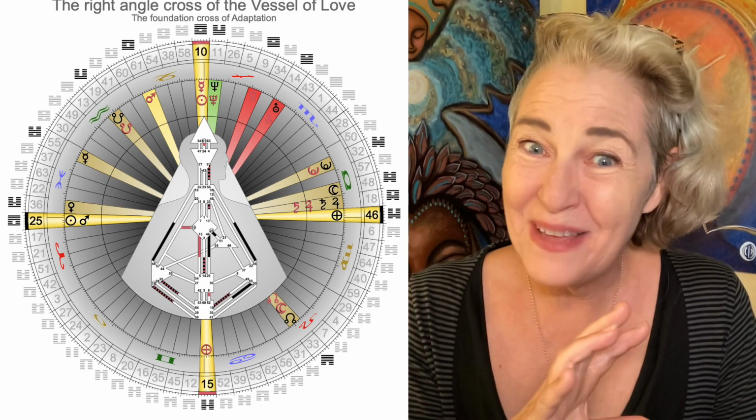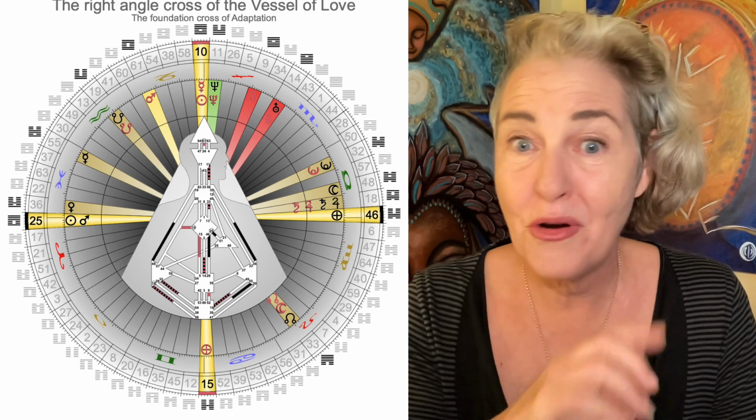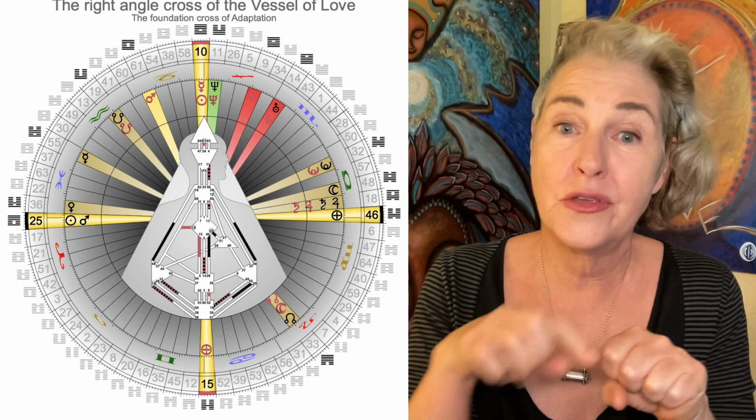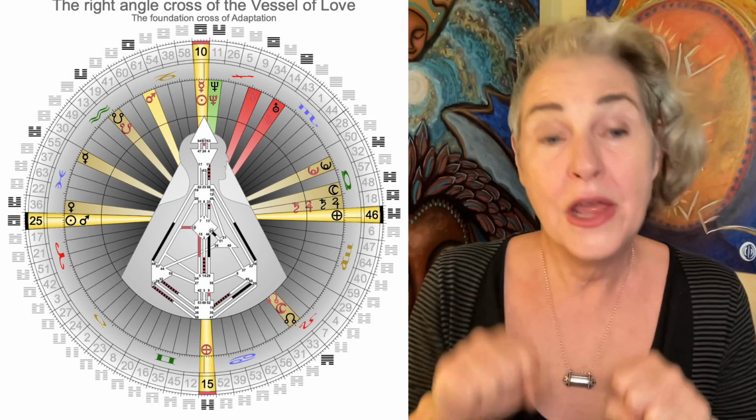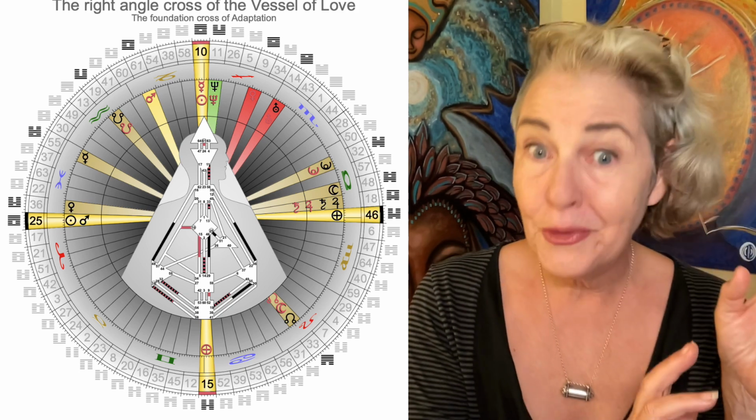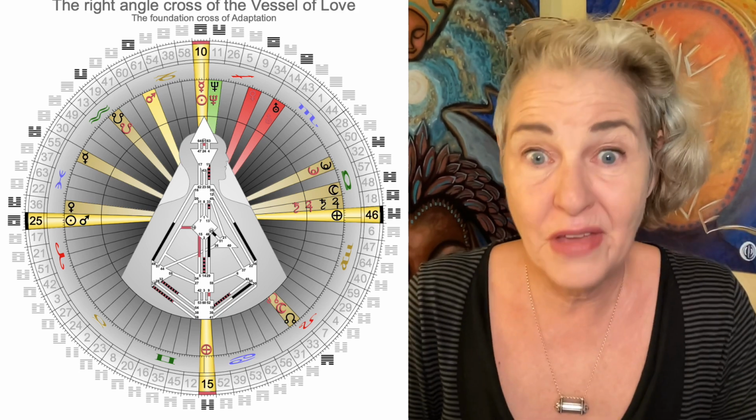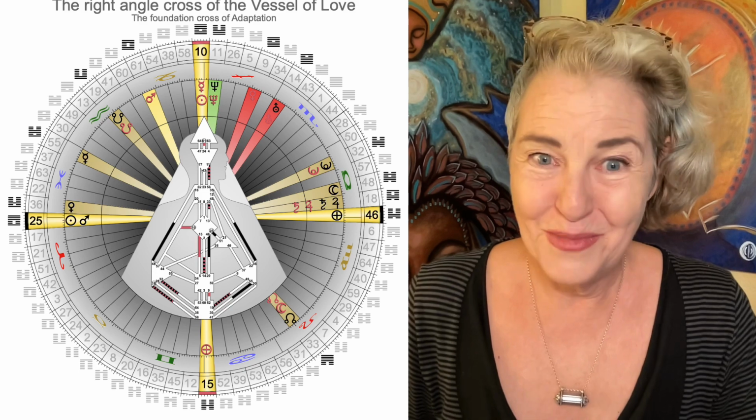So when you see something like this, or even with our friend before who had the two centers but with one channel, same thing with her. She had multiple activations in a certain number of gates, and those are going to be major themes for her.